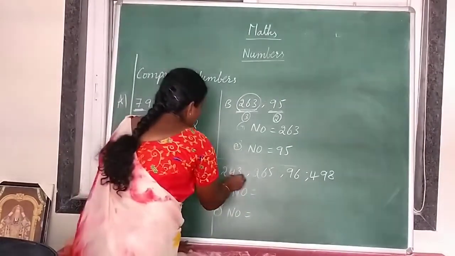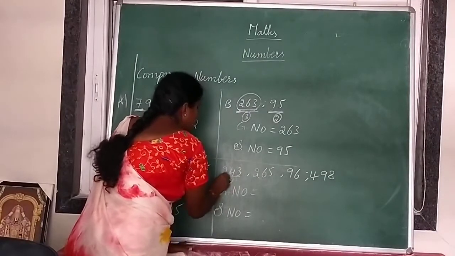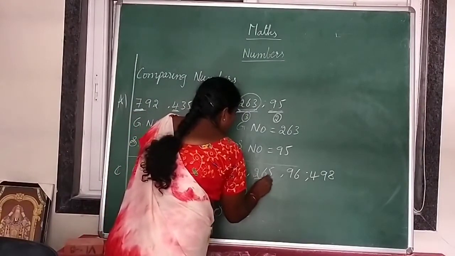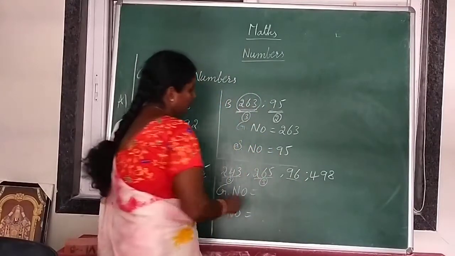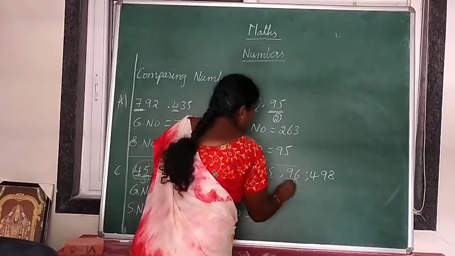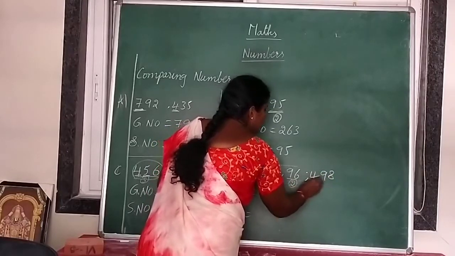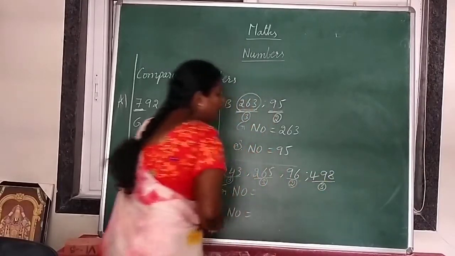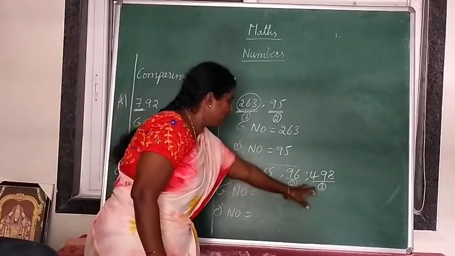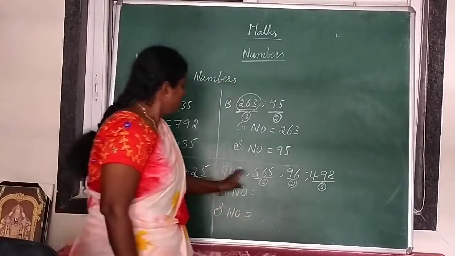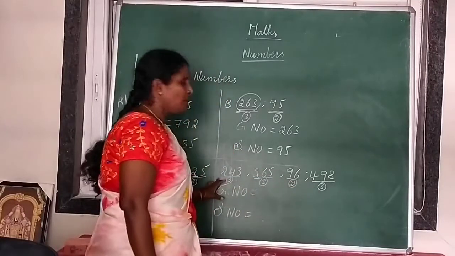How many digits in this number? 3 digits. And here 3 digits. And here 2 digits. And here 3 digits. So these 3 numbers have the same number of digits.